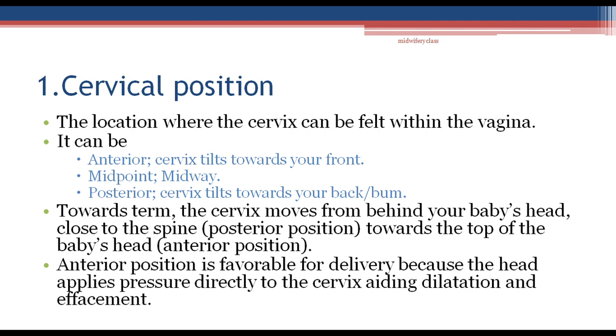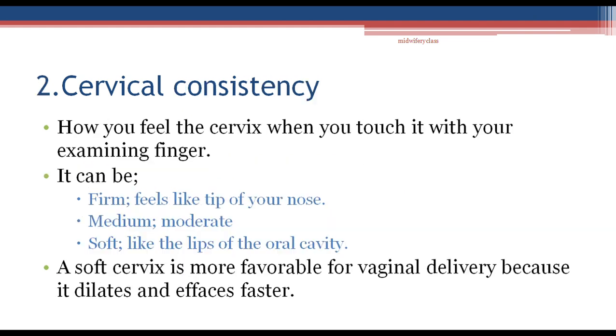Let us go ahead and look at the second parameter, which is cervical consistency. This is how you feel the cervix when you touch it with your examining finger. The consistency can be firm, where the cervix feels like the tip of your nose, or it can be medium. In this case, it's moderate. The cervix feels anywhere between firm and soft.